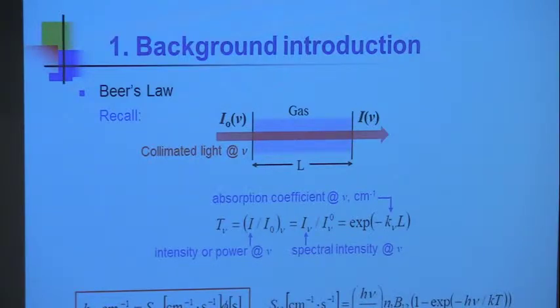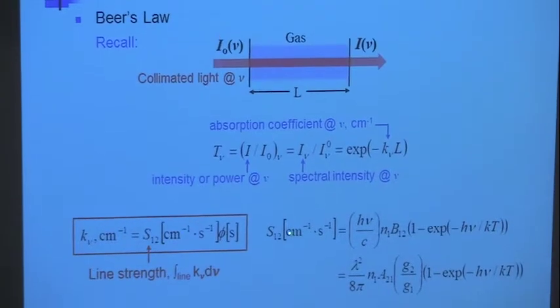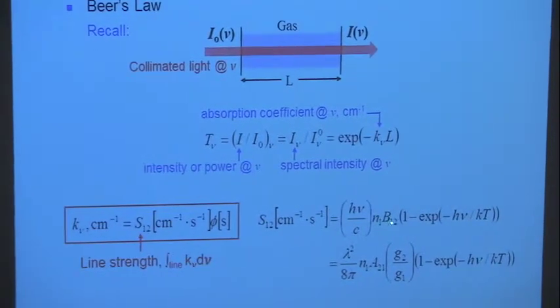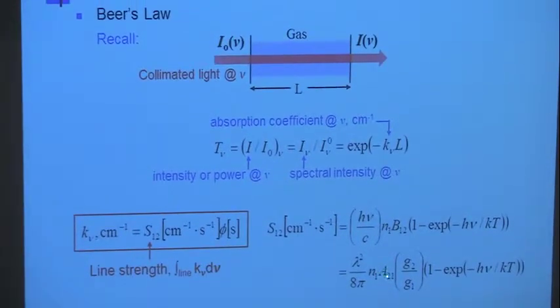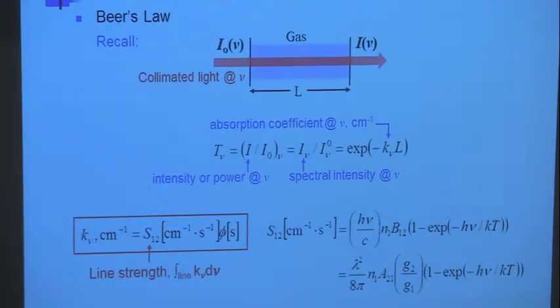Remember that K is the product of some variation of the line strength S and phi, the line shape. We can get S in different forms, but if we took these units here, we would be for B, or we might write it in terms of A. Again, I like A because I know what the units are. So this is a way of relating the line strength to the number density of the species in the absorbing state.